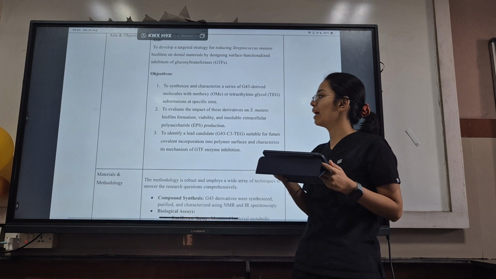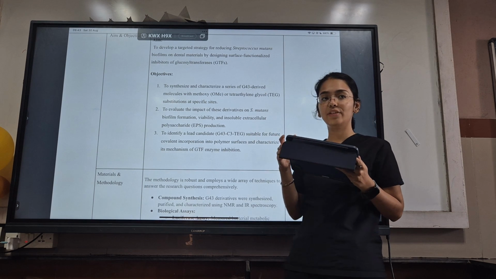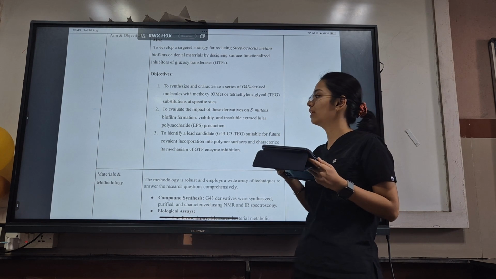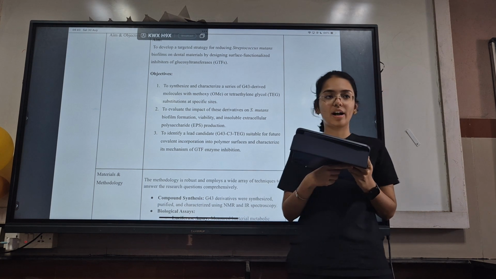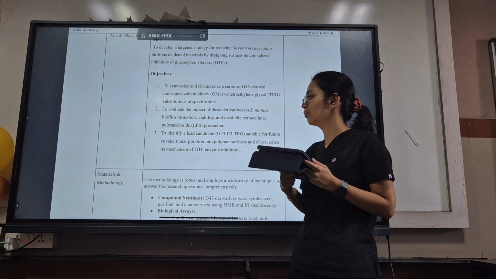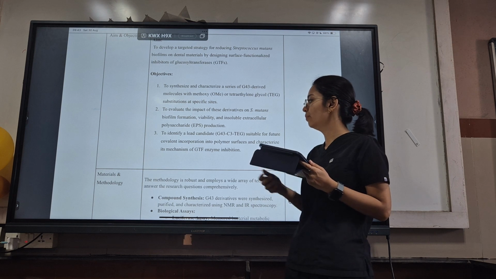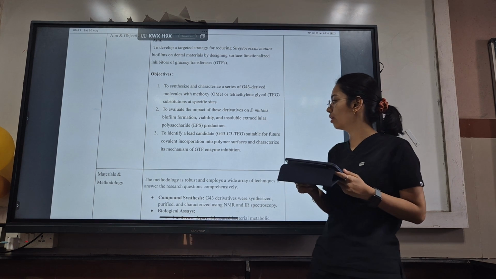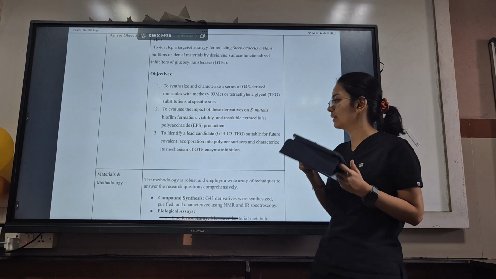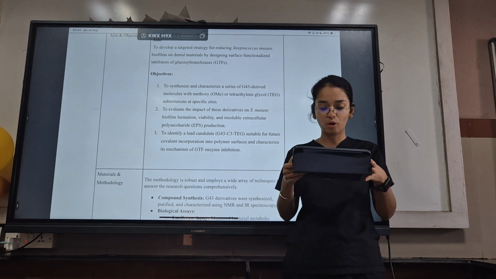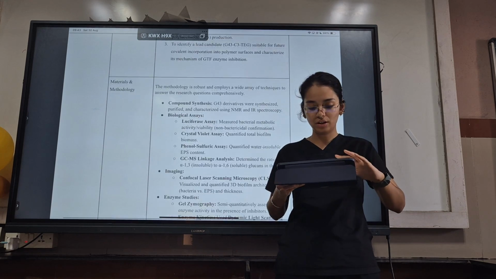Also to evaluate the impact of those derivatives on Streptococcus mutans biofilm formation, viability and EPS production, to identify a lead candidate suitable for future covalent incorporation into the polymer surfaces, and to characterize the mechanism of GTF enzyme inhibition.